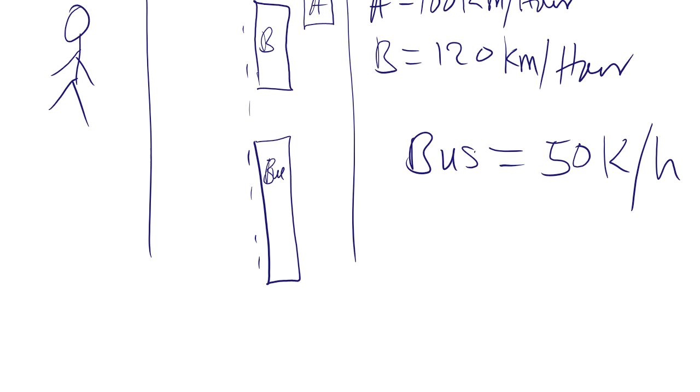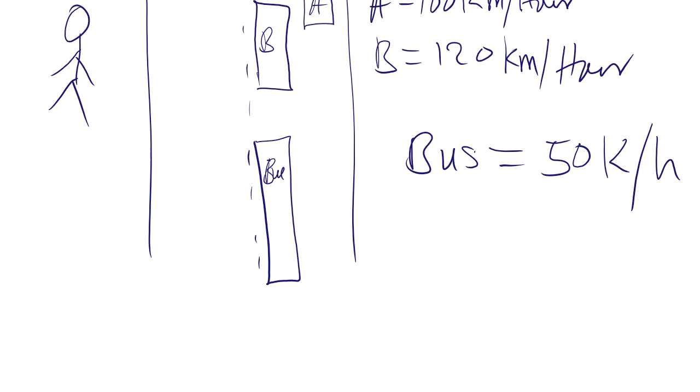Now you, in the bus, move to the back seat from the door area. As the bus moves at 50 kilometers per hour, you move back with a speed of just 2 kilometers per hour.